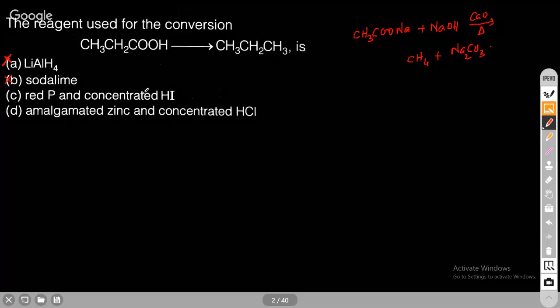Now, red phosphorus and HI. We can use this reagent, Zn with conc. HCl. What is this reagent? And what is the method in which we use this reagent? Can you tell me the name of that process, that reaction? It is Clemmensen reduction, right?